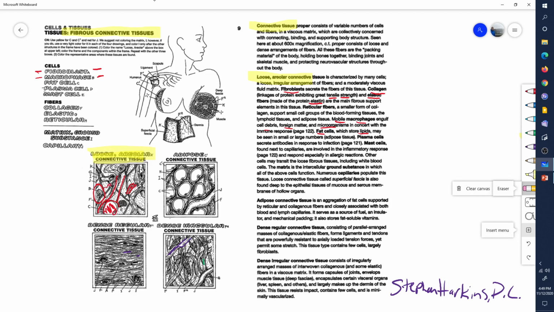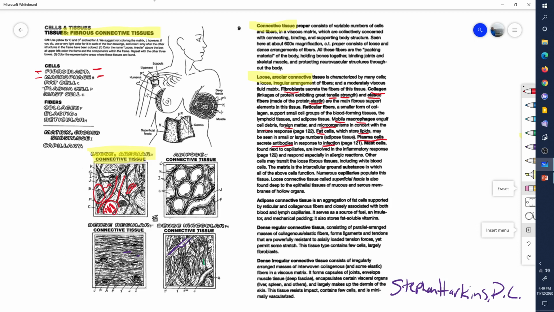The second kind of immune cell found in the loose areolar connective tissue is called a plasma cell. It doesn't run around and eat things up, though. What it does is secrete antibodies in response to infection.